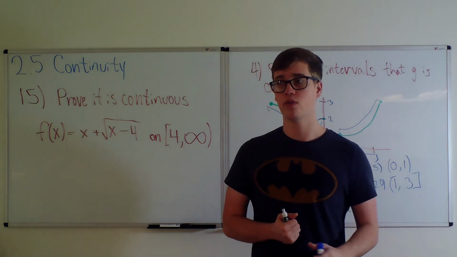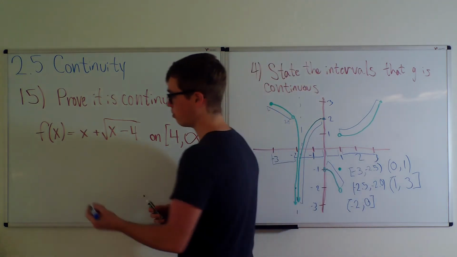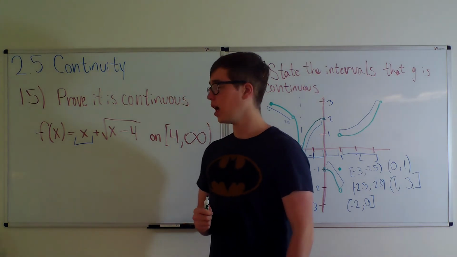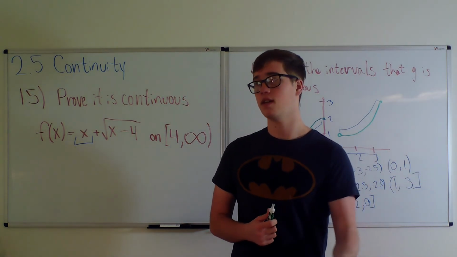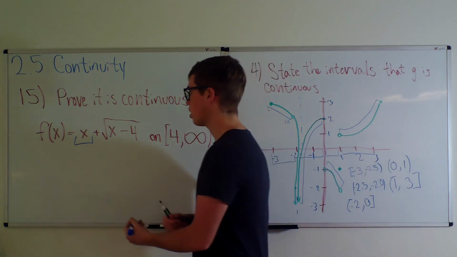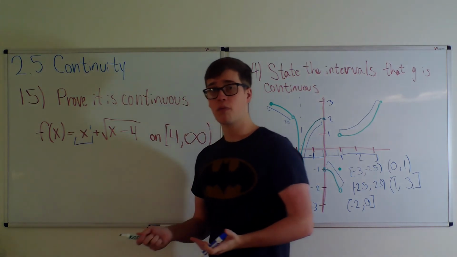So polynomials, root functions, rationals, all of those. Well, what is this? This is a polynomial function. And we know that polynomial functions have a domain from -infinity to +infinity, and they're continuous on that domain. Because this is essentially saying x to the 1, which is a polynomial, right?